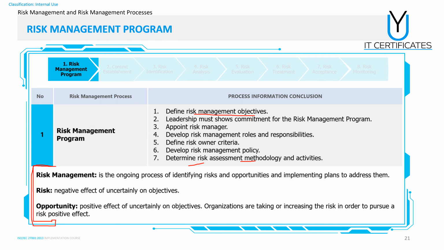Then I have to define what are the objectives of the risk management. By the way, it may be all the previous reasons together. I am an enterprise organization. I want to be compliant with the local and international regulations. I want to protect my assets. I want to achieve my goals and objectives.